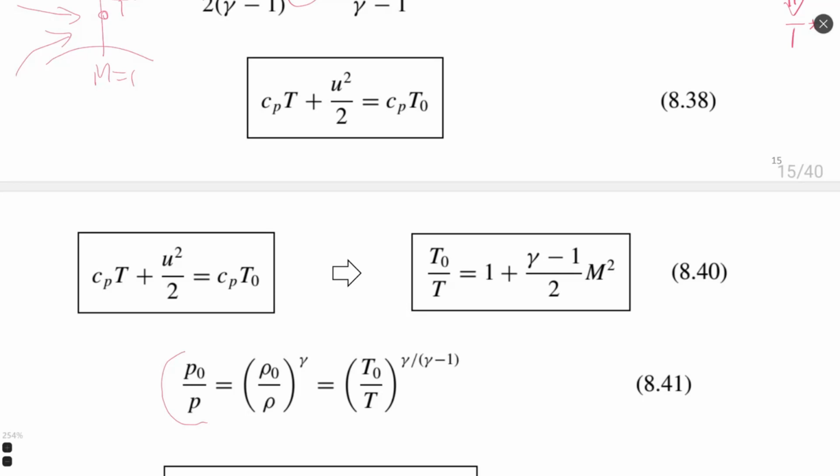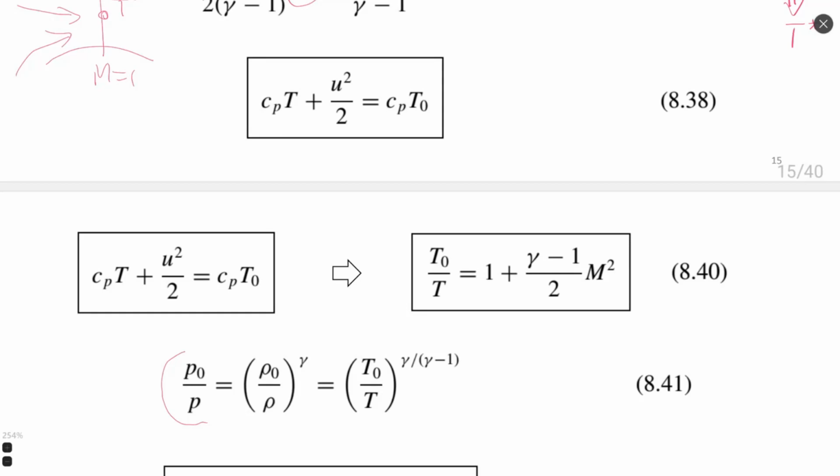And in this equation 41, we have a relation between two arbitrary points inside the isentropic flow. These two arbitrary points are point of stagnation when velocity is stopped, and any other point where velocity is not stopped, point of our interest.